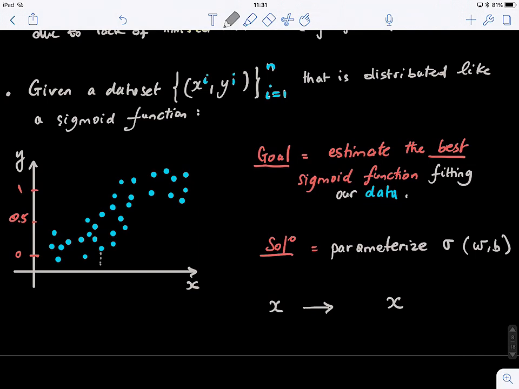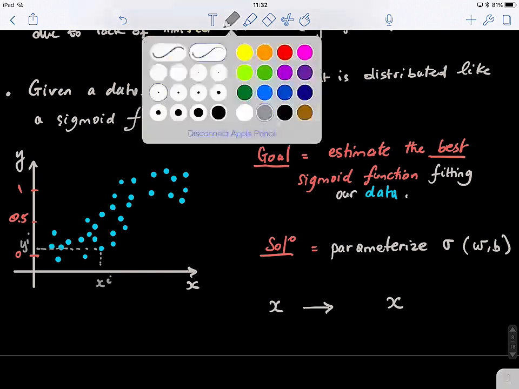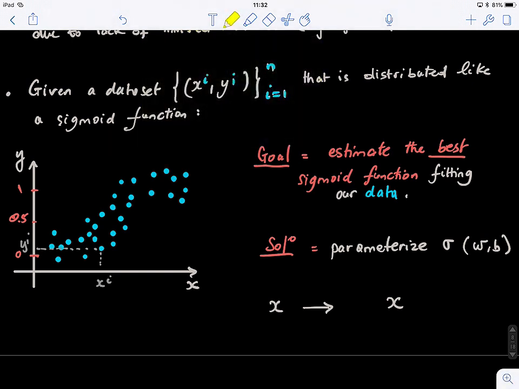For example, here we have x_i and ground truth y_i. And just by plotting the data, we can see that it fits a sigmoid function with some scaling factor W, and maybe some shifting b. So our sigmoid function might look something like this. It's smooth to smooth. Right, so this is our fit to the data.